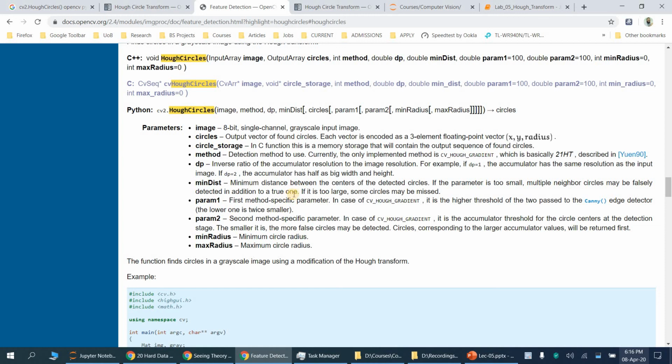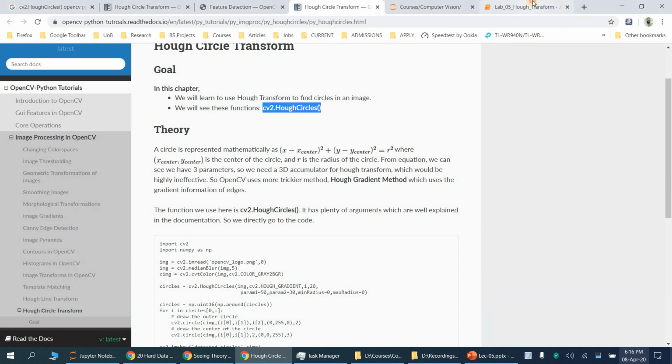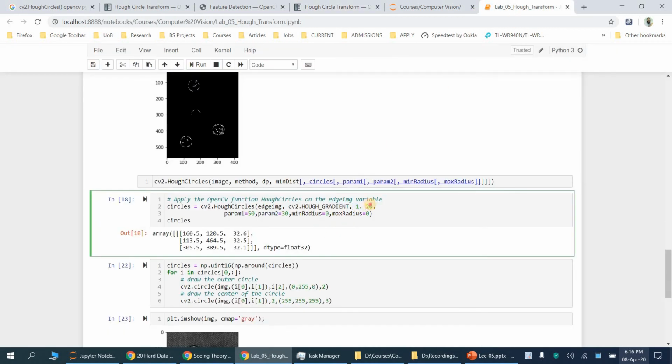So for example, if the circles can overlap, come on top of each other, but if you put some gap, it will try to find circles only if they are far apart from each other. This is important. If you don't give a value, it will try to detect 2 or 3 circles at the same location. So be careful with that. This minimum distance is a good parameter.